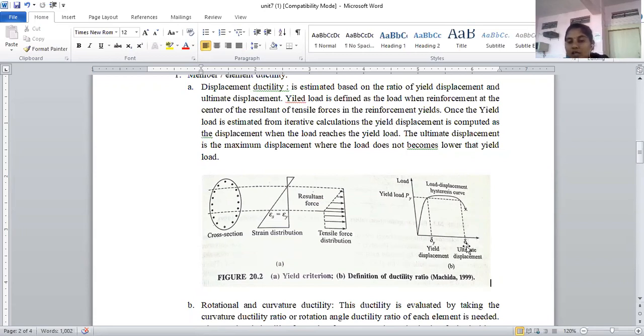The ultimate displacement will not be less than the yield displacement, and the load does not become lower than the yield load. That is the displacement ductility.